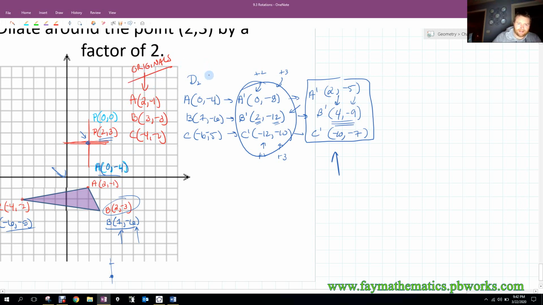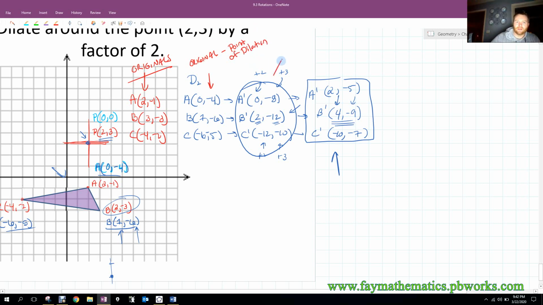Then to get these, we subtracted. We took the original minus the point of dilation.